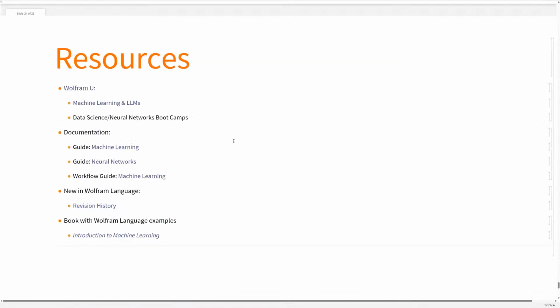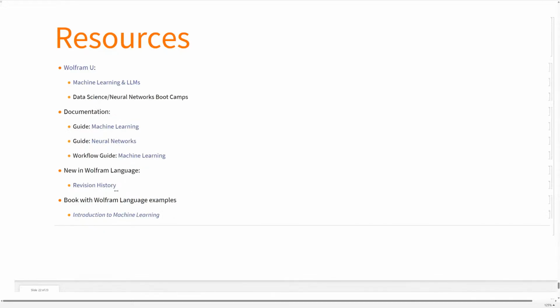All right, so yeah, I'm almost running out of my time, so here are some resources that you can use. There are some Wolfram U courses and webinars about machine learning and LLMs if you're interested. And the documentation is also very helpful to help you get started with machine learning and neural networks.